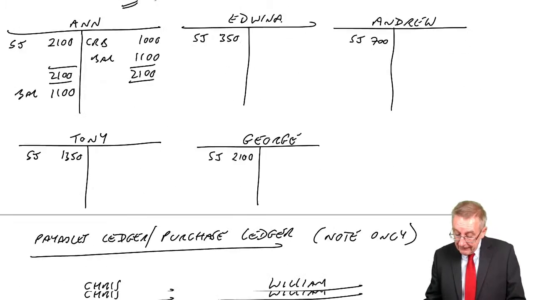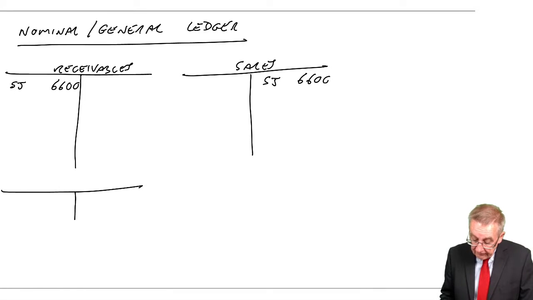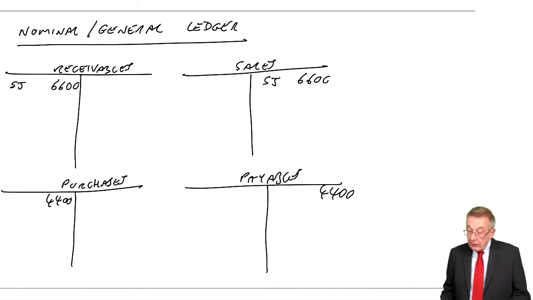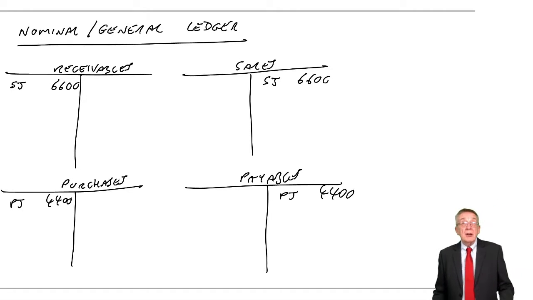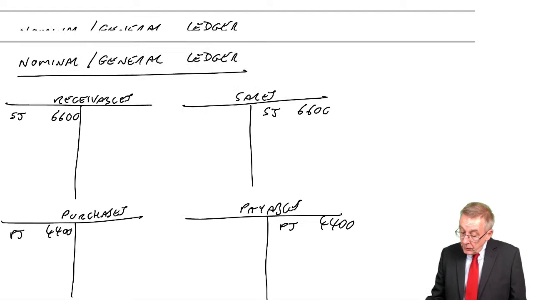And so, in the nominal ledger, debit purchases 4,400, credit payables. And I'll write against it PJ because that's where I got the number from, the purchases journal, payables journal, sorry.